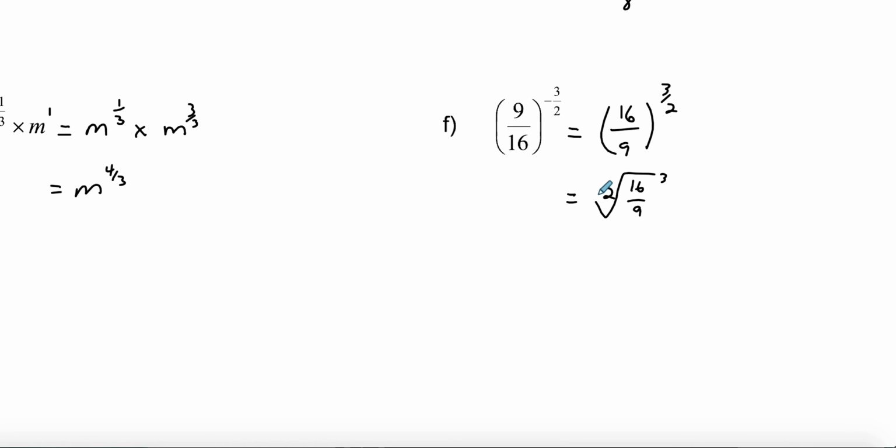So in this, the numerator becomes the exponent, and it stays where it was. It's still just the exponent, but for the denominator, now we have the second root, or the square root. So we would do the square root of 16, which is 4, and the square root of 9, which is 3, but now that is still to the 3rd. So with fractions, the numerator is to the 3rd, that's 4 to the 3rd, 64, and the denominator is to the 3rd. So 3 times 3 times 3 is 27.